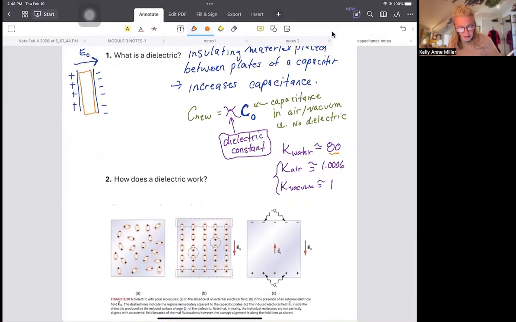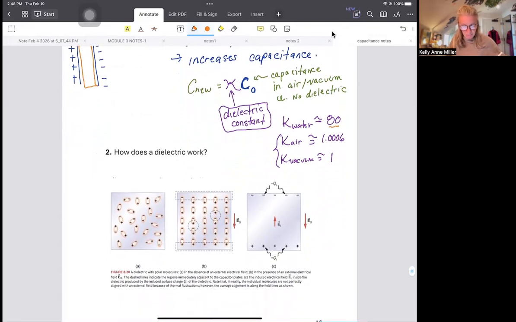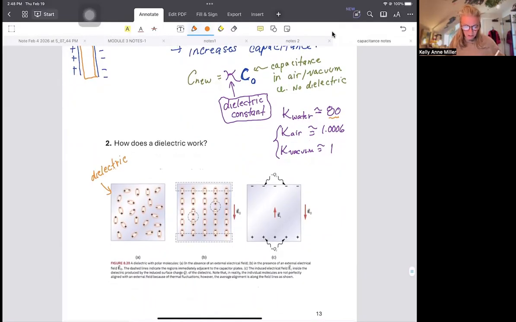Okay. And this picture down here shows you from the molecular level what this would look like. So this box here is the dielectric, and it's showing you what it would look like when it's not inserted in between the plates.